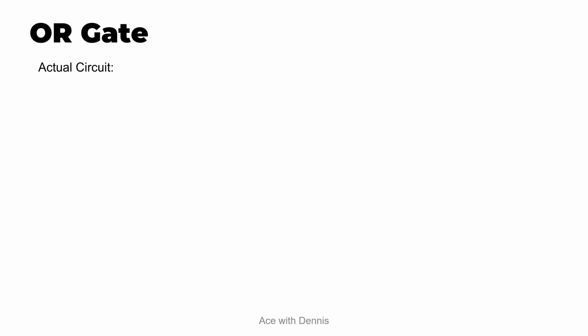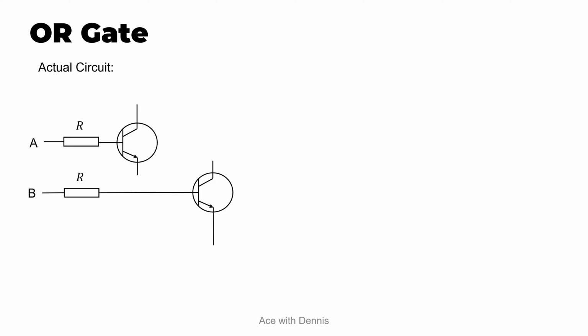OR gate. This is the actual circuit of an OR gate. An OR gate has two NPN transistors connected in parallel, where VCC is a power source, this is input A, and this is input B. Both of the bases for these two transistors are connected with a resistor here.